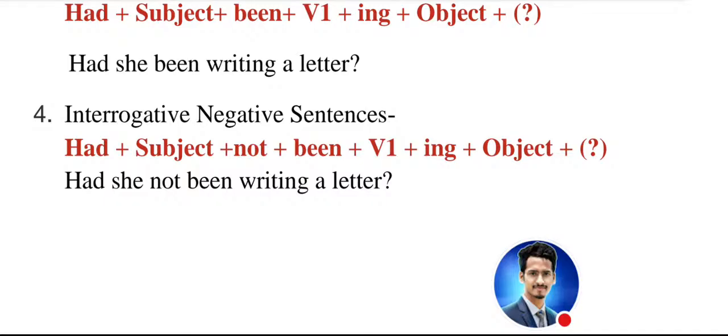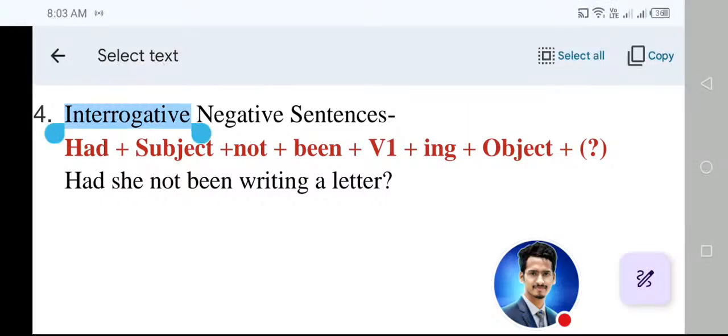So this is very important. You have to remember the rule of interrogative: you just need the auxiliary verb at first. And the rule of negative: you just need to add not with the auxiliary verb. As there are rules of interrogative and negative, the auxiliary verb comes first, then subject, then not.